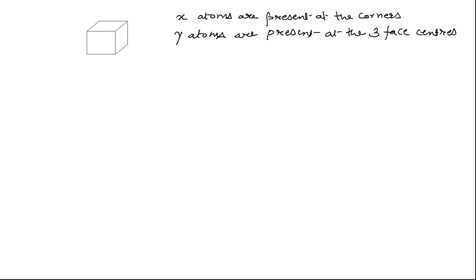So now what you will do, they are present. Again students, in such type of question, what you need to find out is the contributions. That's it. So the contribution by X, as it is present at the corner, will be what? 1 by 8 multiplied by 8, and that gives you 1. And what will be the contribution by Y? They are present in the three faces.